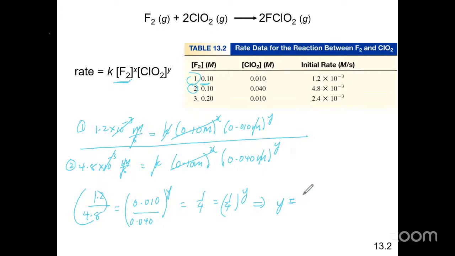Exactly. So therefore, we know that the y here would be equal to 1, right? Okay, now I need to clear this in order to move on. So let me know when you're through writing all this down.